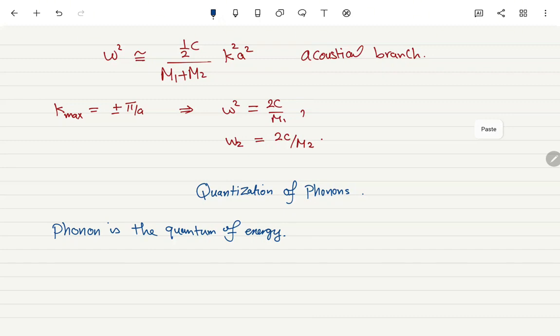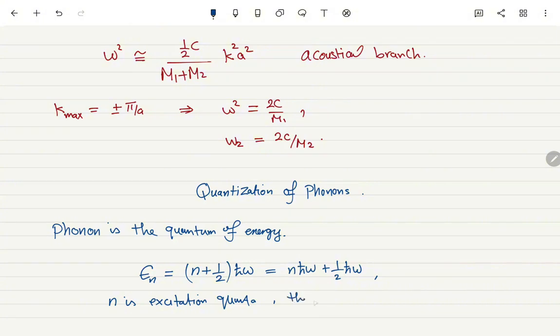With frequency omega k, we have quantized energy levels epsilon n equal to (n plus half) h bar omega, or n h bar omega plus half h bar omega, in such a way n is the excitation quanta and the other term is the zero point energy.